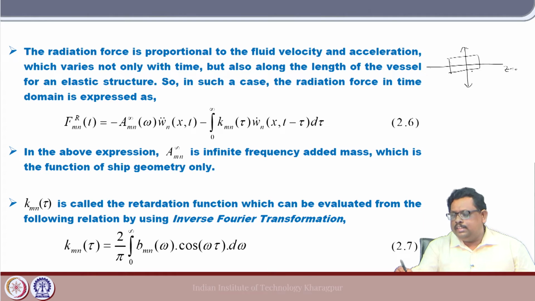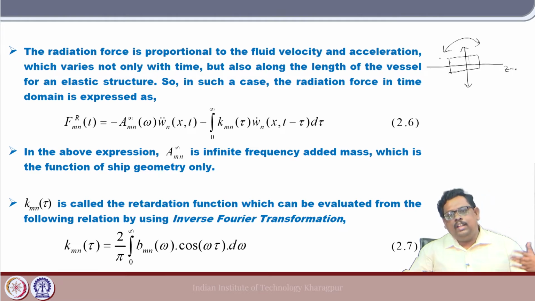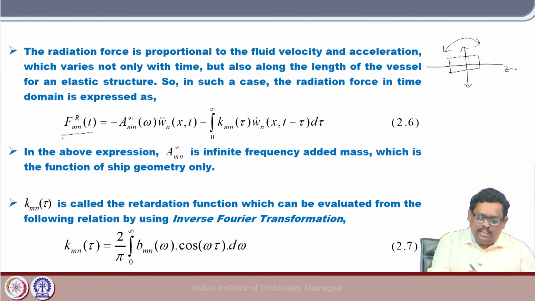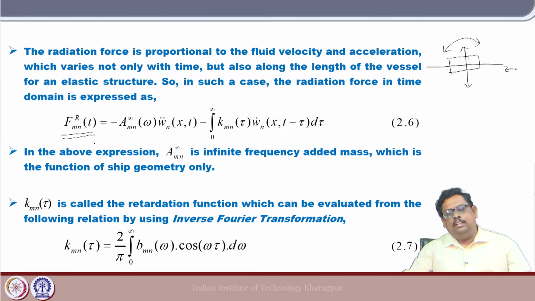So, we oscillate in the heave mode, and sometimes in the pitch direction also. But here, with the infinite ways you can oscillate the body, this radiation should be a combination of all these infinite modes, right.